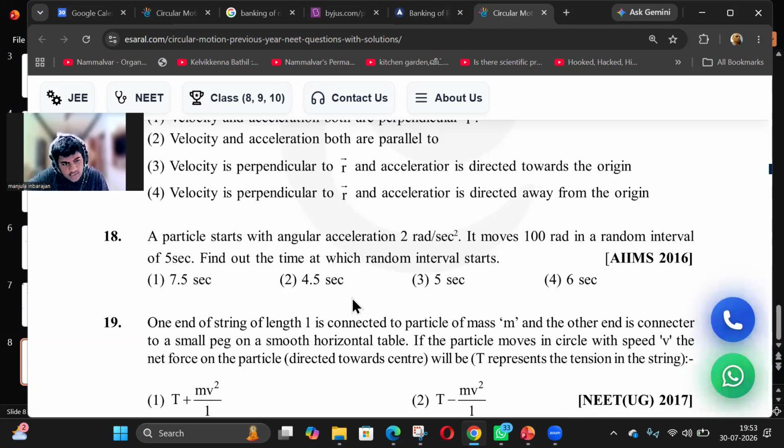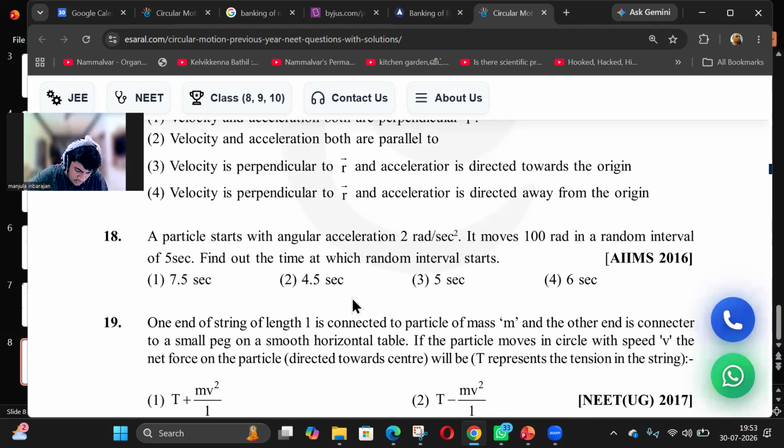Now you just have to use the time period formula. Angular acceleration is related to linear acceleration as v square by r, that is normal acceleration. Angular acceleration then, just alpha into r. Oh, okay.